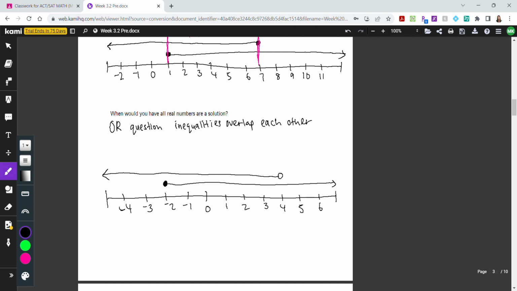And because these two or inequalities are overlapping each other, that means all these real numbers are going to be a solution, which means your solution is going to be noted as R. If you write it in interval notation, it will be negative infinity to positive infinity. And we'll actually get to how to write interval notation in a second.